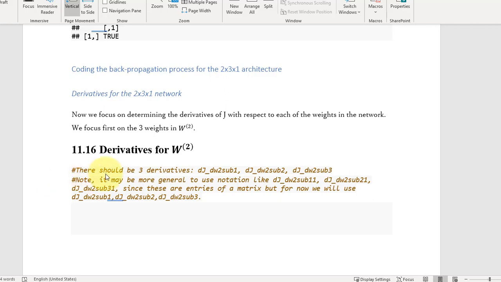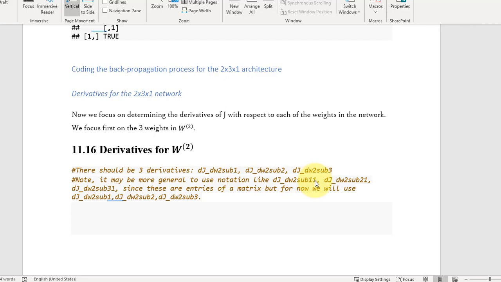Here I'm only talking about one subscript, but maybe it's better to say dJ dW2 sub 1,1. We should mention that it comes from the first row and the first column, but in this case of W2 there is only one column, so we don't need this extra 1 there.